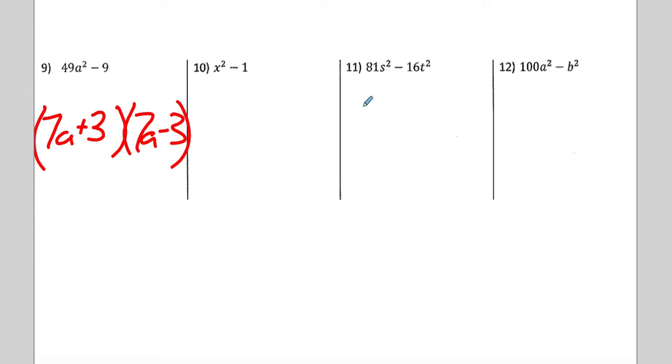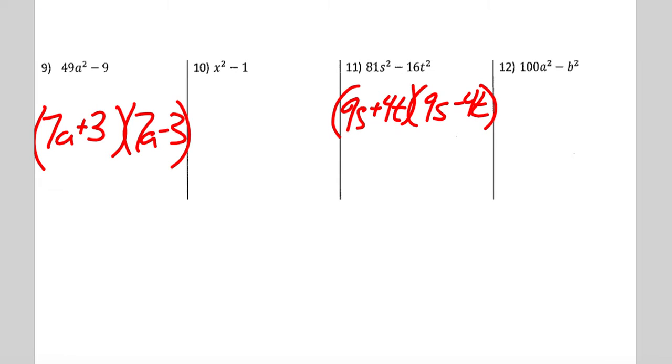I think these are both perfect squares, so I'm going to proceed with square rooting each one of them. Square root of 81s squared is 9s. Square root of 16t squared is 4t. Not the number 40, 4t.